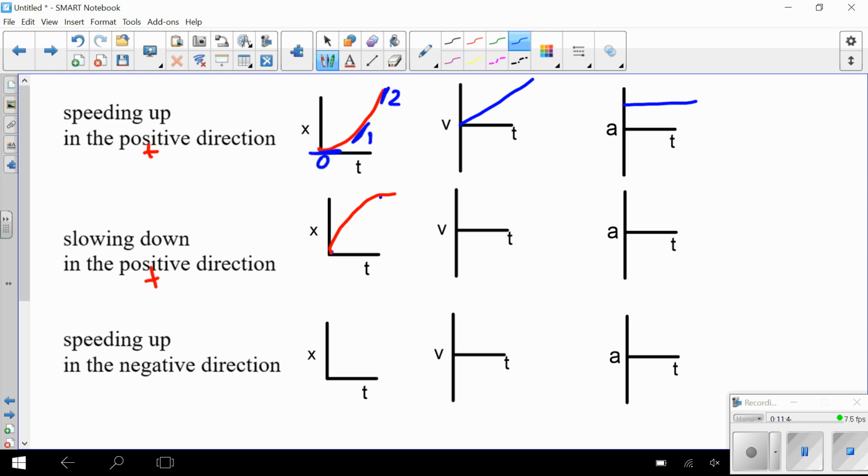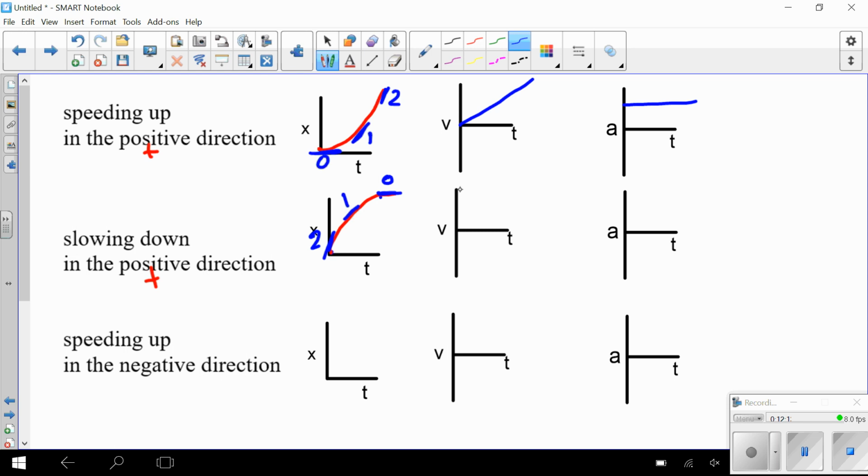If I take my slope meter and draw a tangent line at various points on this graph, and figure out the slope of my tangent line, I have some positive number. The slope is pretty steep right there, and it's getting less steep and eventually going to 0. This is what's going on with my velocity as I'm slowing down.